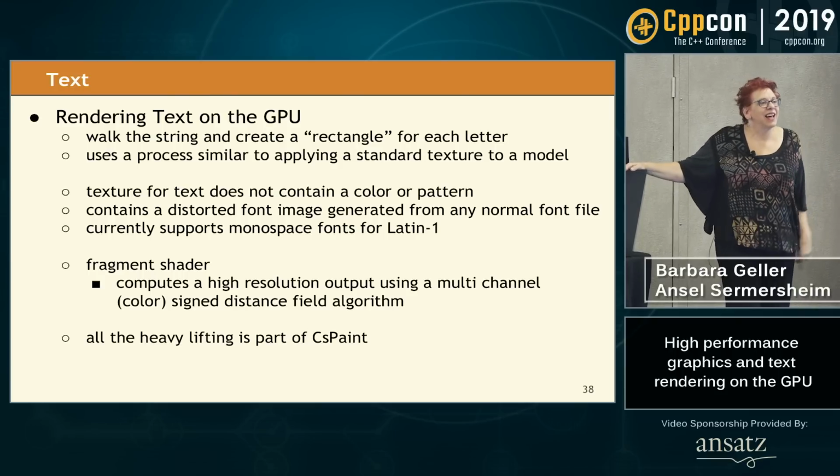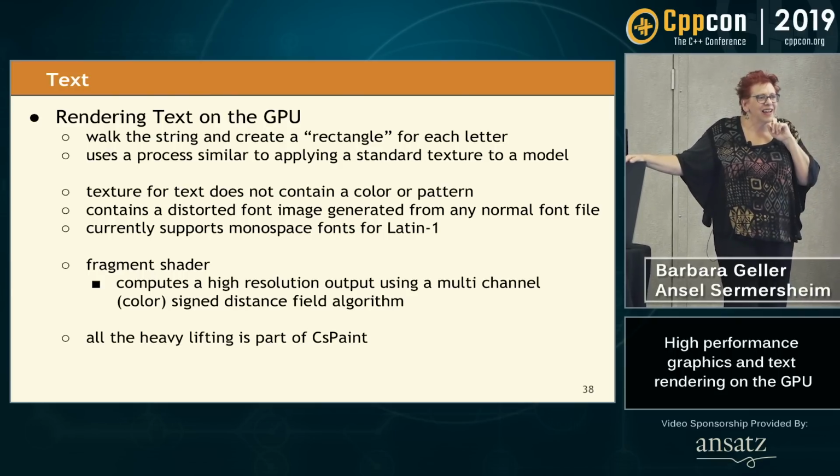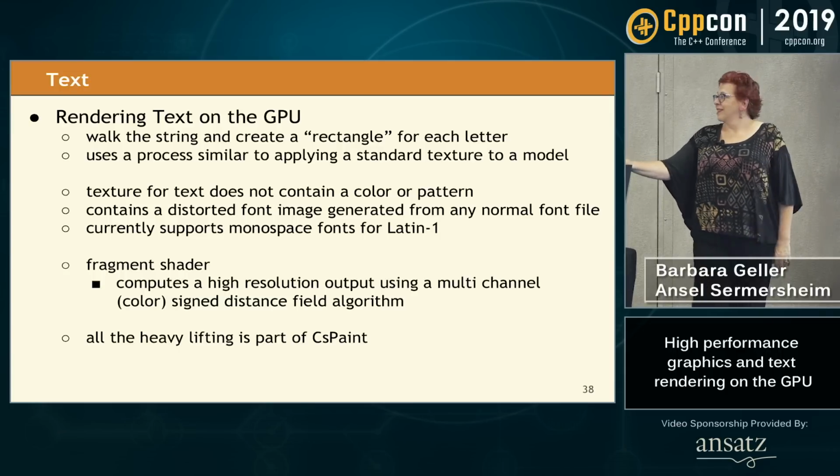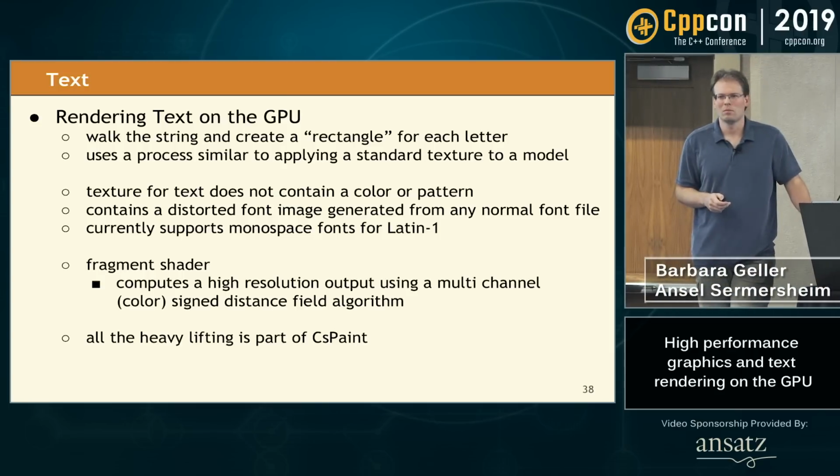Yes? Well, most fonts today come with vector font type, like TrueType. So wouldn't it be easier to convert them into some kind of mesh and display them as triangles? The question was, wouldn't it be easier to take a vector font, which is what we usually use these days, and render it as a mesh of triangles?